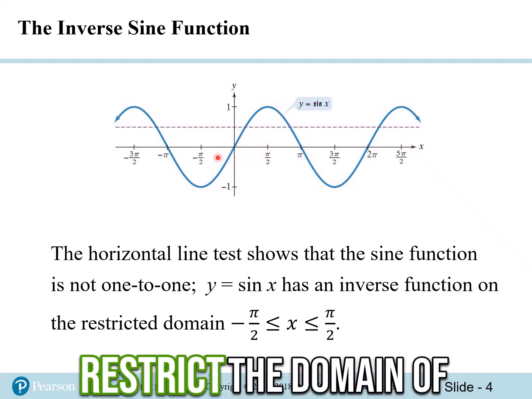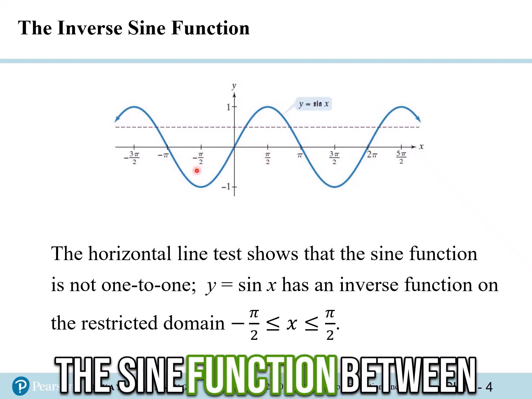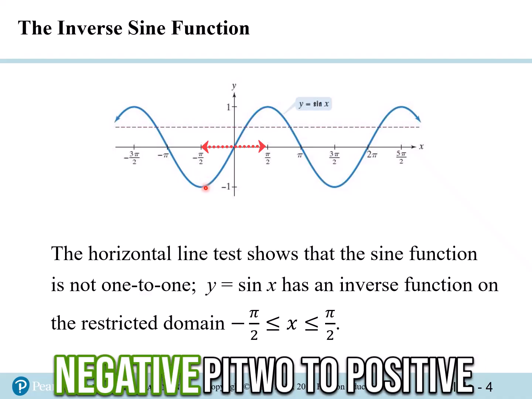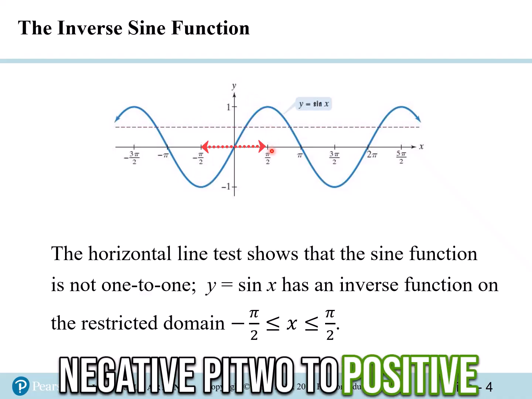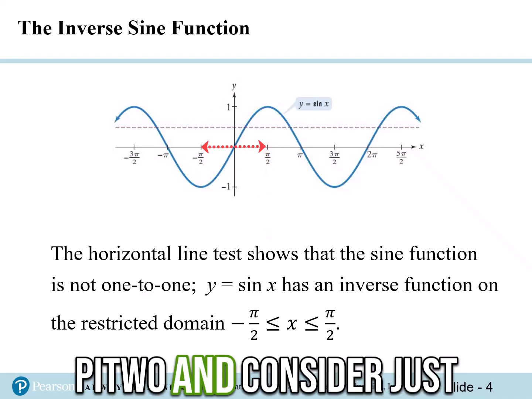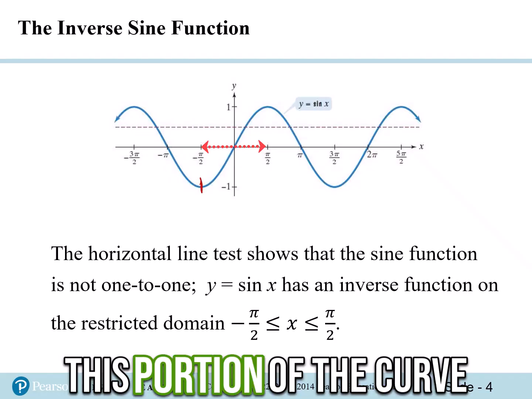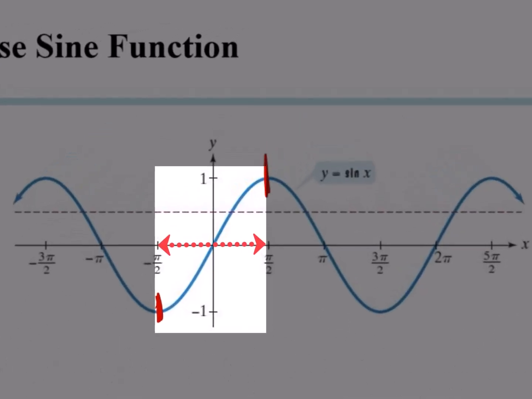If we restrict the domain of the sine function between -pi over 2 to +pi over 2 and consider just this portion of the curve and perform the horizontal line test, we will see that it intersects the curve at only one point.